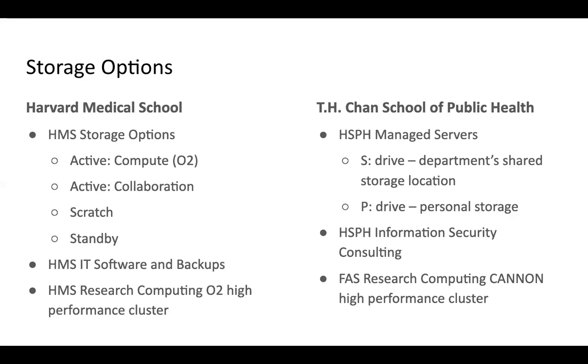We have a system called Scratch, which is for transient files, so files that you're generating as part of your analysis but don't actually need to keep for any extended period of time. And then we have our standby storage space, which is actually a new file system that we're rolling out, and it's for long-term storage.